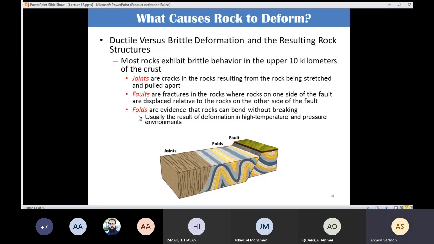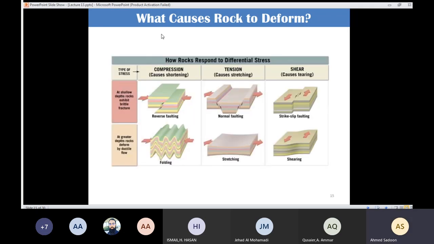And also we have the folds, which are wave-shaped deformation, they look like waves. And mainly that is because the rock is subjected to compressional stresses and the behavior is ductile. And here, this table is important for you to understand. We have the columns.